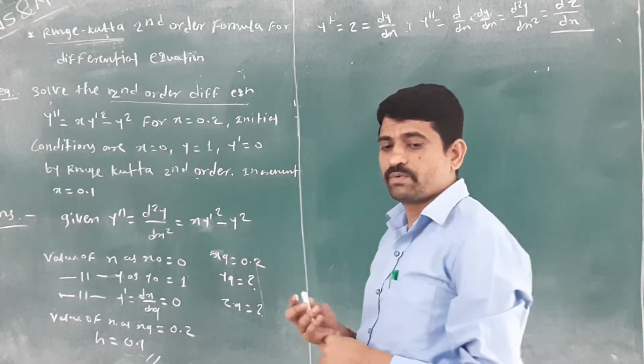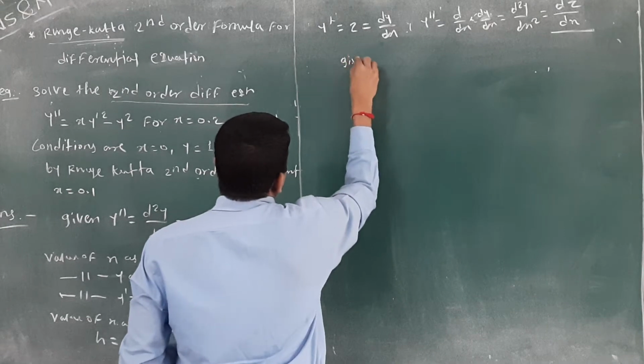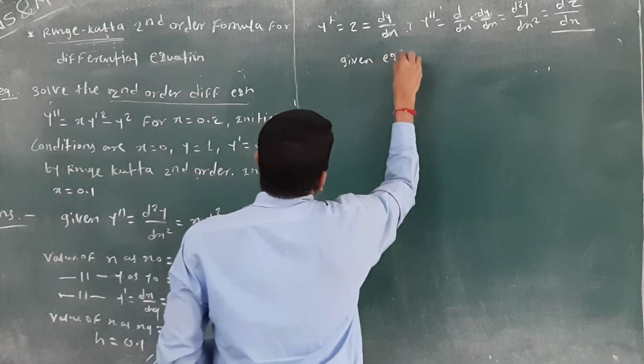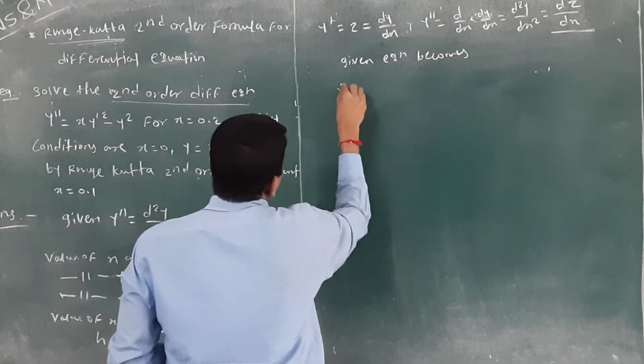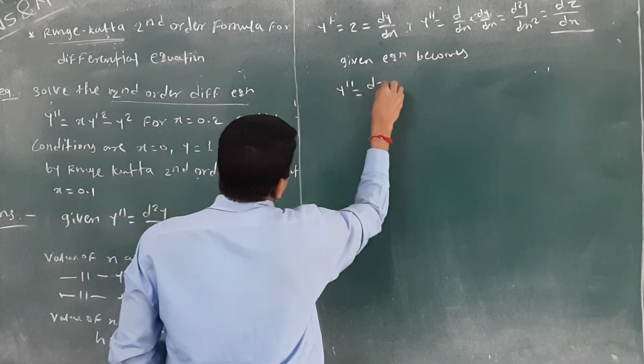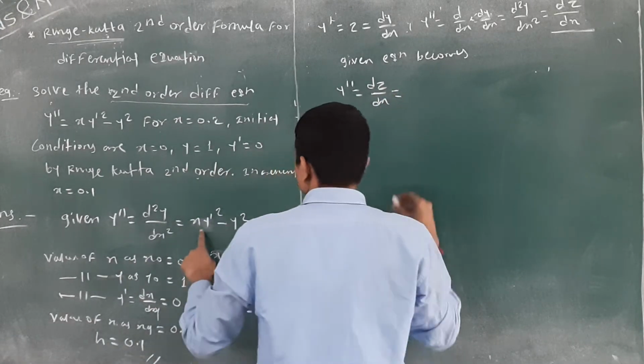If you simplify the given equation, then the given equation becomes y double dash is equal to dz by dx.